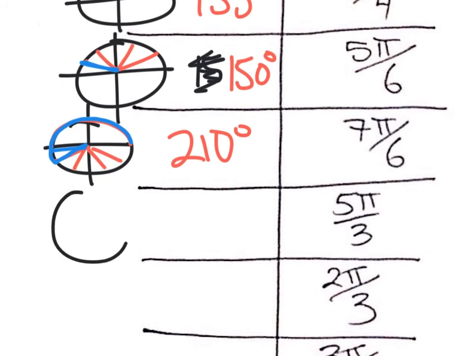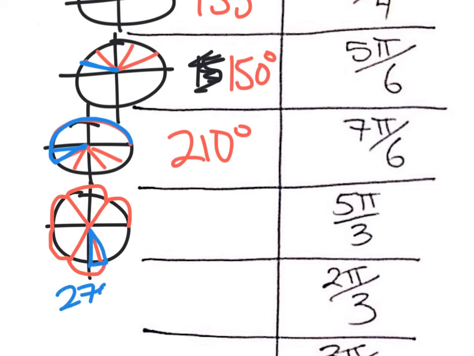5/3 pi, thirds. So the thirds are these guys, 1, 2, 3, 4, 5, like so. So this is a little 30-degree angle more than 270. 2 pi over 3.